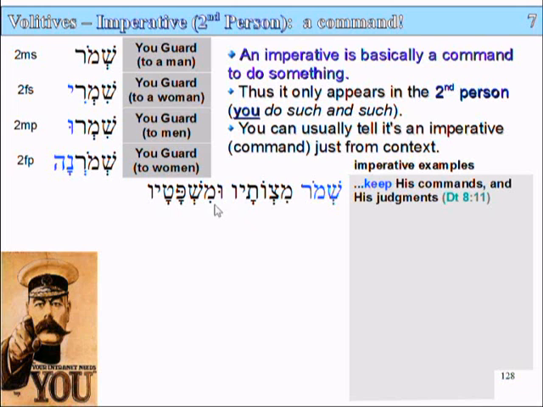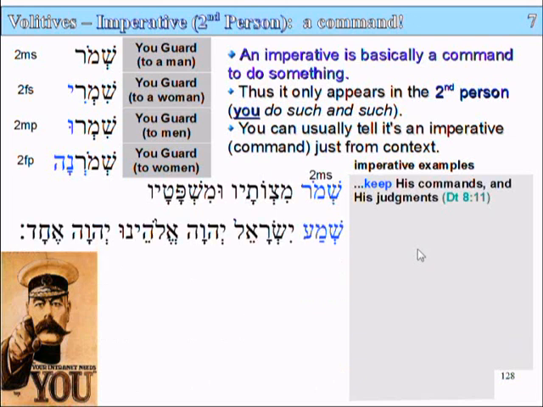Sorry, mishpat is judgment. Mishpatav is his judgments. U mishpatav is and his judgments. So Shemor means you will keep or you will guard. And the you is not in this verse, but it's implied because Yahweh is commanding his people. Okay, and it's a second person masculine singular.